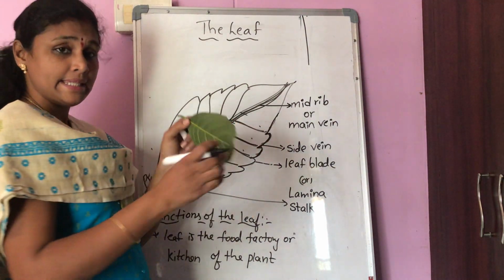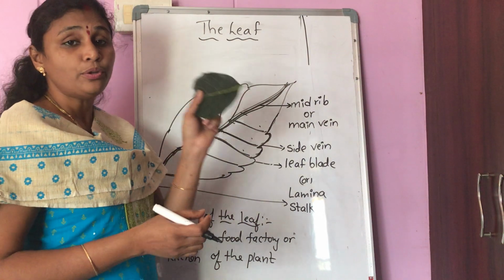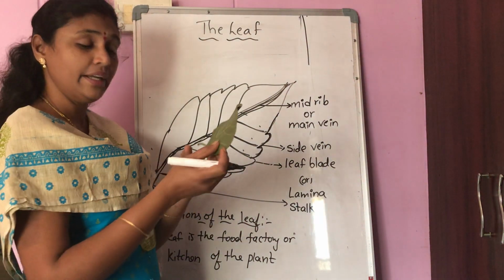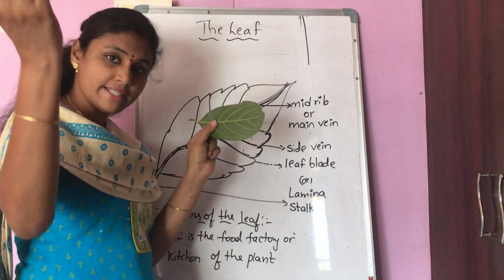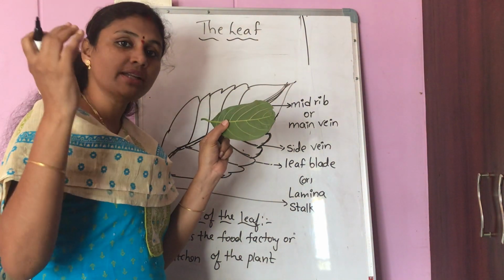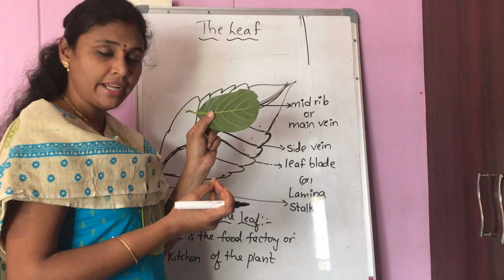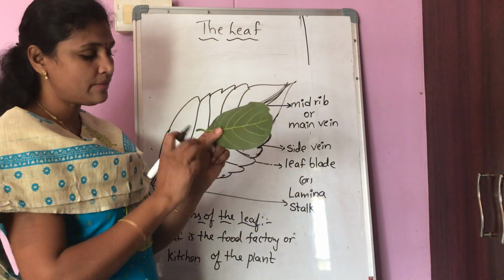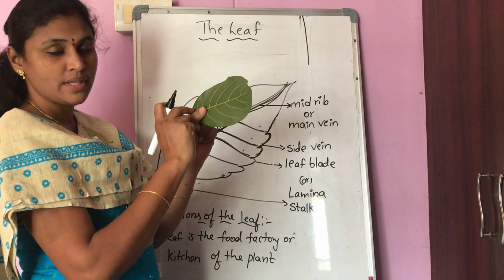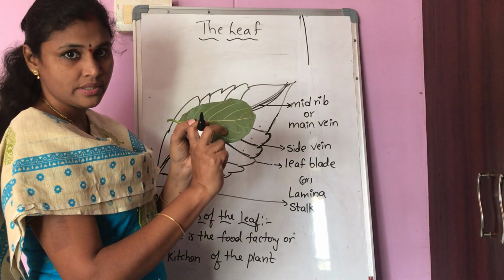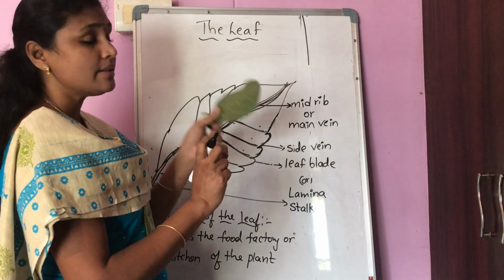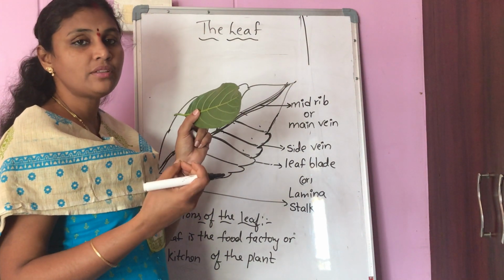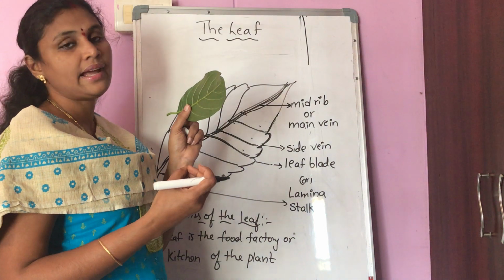See here, in order to prepare food, what things do the leaves need? It needs air. It takes the air, nothing but the carbon dioxide, right? And then water from the roots, isn't it? From the roots, it is taken through the stem. And air, water, and what is the other one which gives the energy for the plant to prepare the food? Yes, it is sunlight.